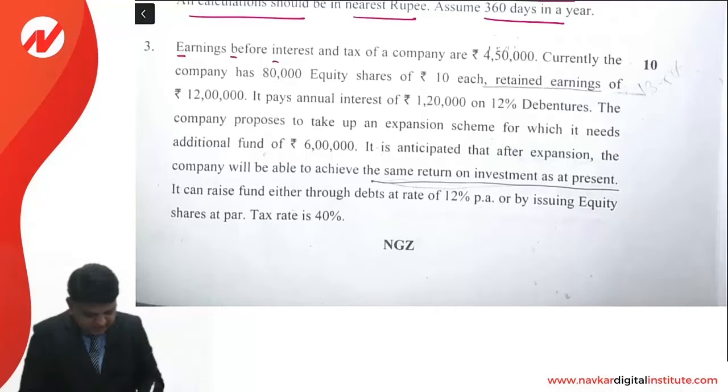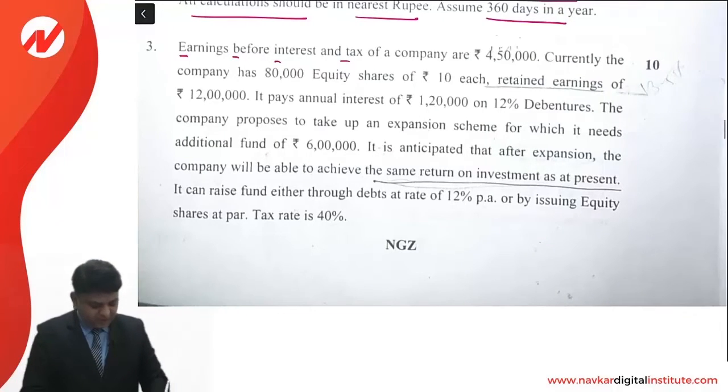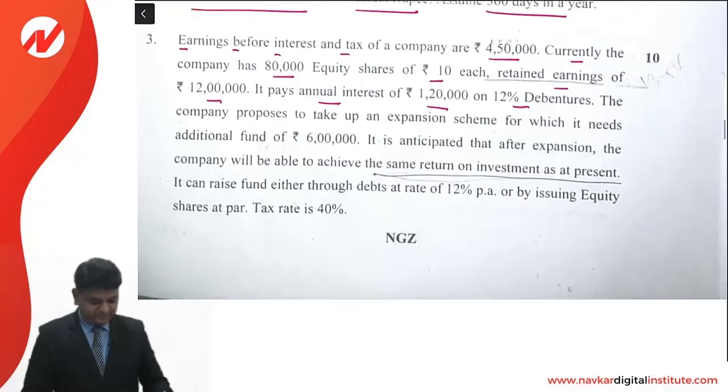Earning before interest and taxes, that is operating income, of a company is rupees 4,50,000. Currently the company has 80,000 shares of 10, retained earnings of 12 lakhs, and it pays annual interest of 1,20,000 on 12% debentures.